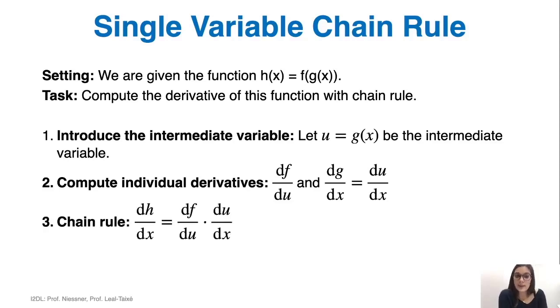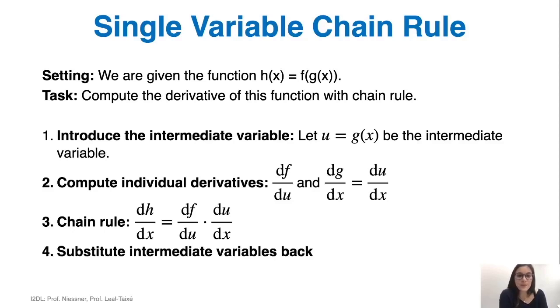When you did that, then you can just compose these two derivatives, and they will then give you the derivative of h with respect to the variable x. So you just compose them, you just multiply them. And what you do then in the last step is you substitute the intermediate variable back to the original function, so you go back from u to g of x.